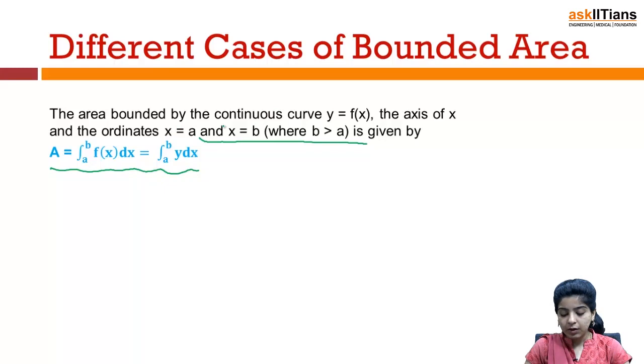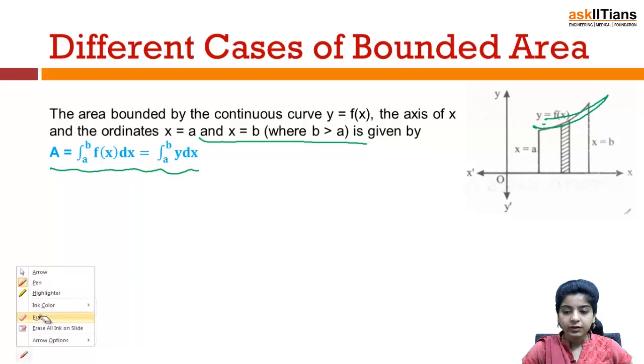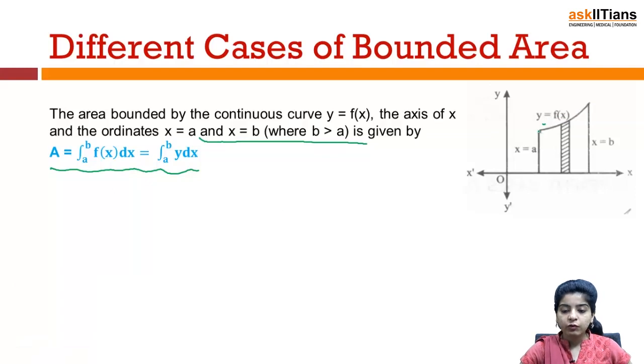It says the area bounded by the continuous curve y equal to f(x). So suppose this is a continuous curve y equal to f(x), right? This is the curve y equal to f(x), and we have to find out the area enclosed or bounded by this curve, the x-axis, and the ordinates x equal to a and x equal to b, right?